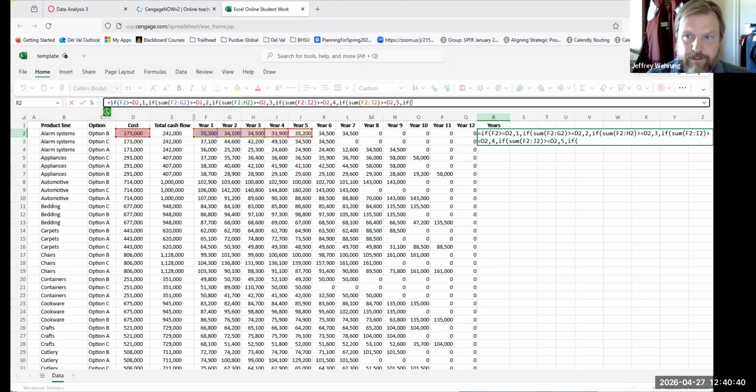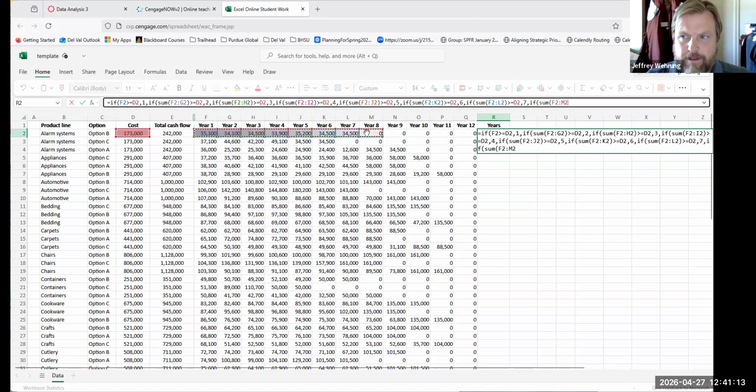Else, if it's the sum of year 1 through 6 is greater than or equal to our initial cost, comma, then it's a 6. Otherwise, if the sum of years 1 through 7 is greater than or equal to our initial cost, comma, we're going to return a 7. Otherwise, if the sum of years 1 through 8 is greater than or equal to the initial cost, we return an 8.